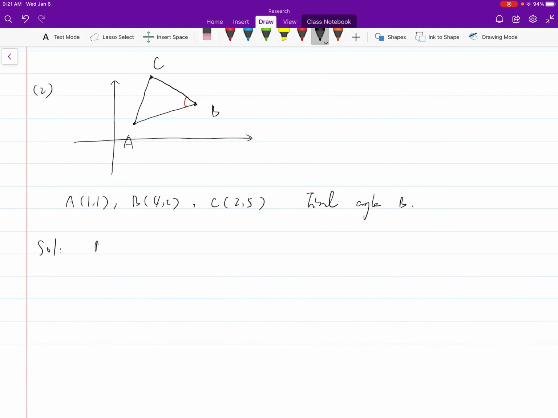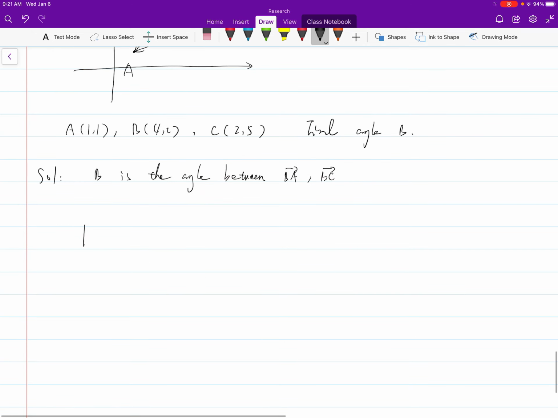B is the angle between two vectors. Which two vectors? BA and BC. Make sure they start together. Okay? So you have BA and BC. Now what can you do?